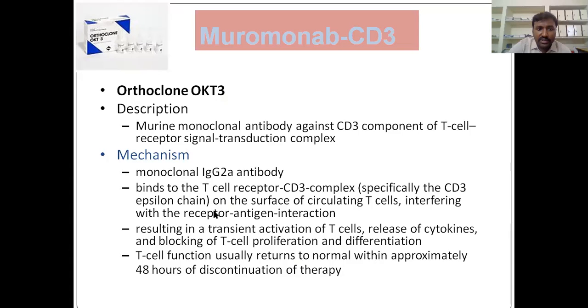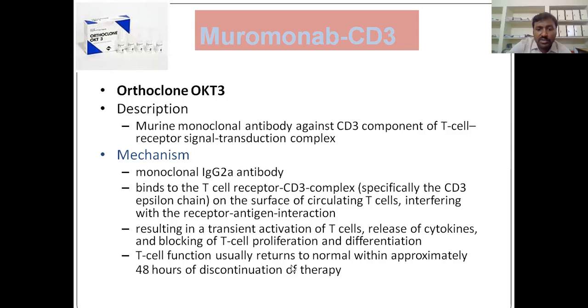As a result, there is transient activation of T cells, release of cytokines, and blocking of T cell proliferation and differentiation. So when the antigen binds to the T cells, the T cells proliferate or differentiate or produce the cytokines. But here, Muromonab CD3, a monoclonal antibody, inhibits the interaction between the antigen and T cells.